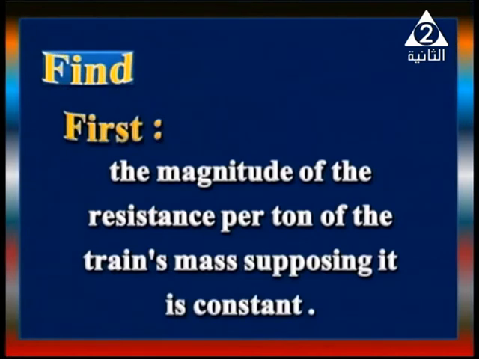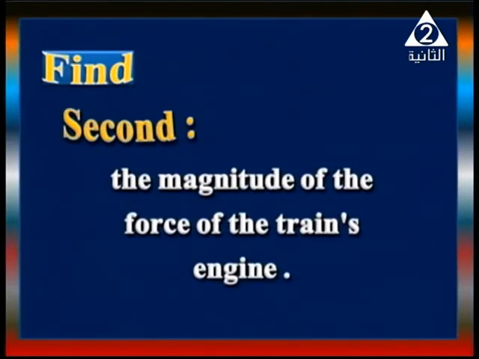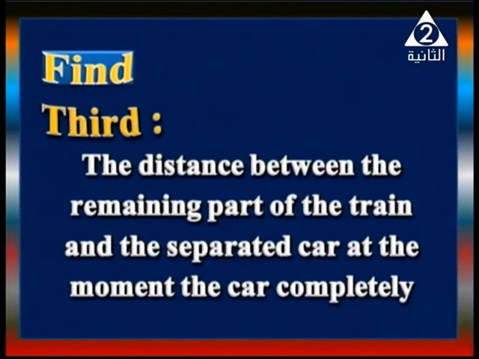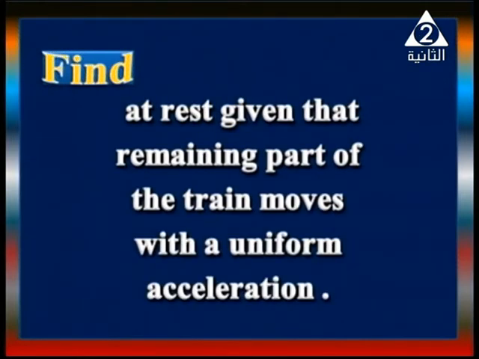Find first, the magnitude of the resistance per ton of the train mass, supposing it is constant. Second, the magnitude of the force of the train's engine. Third, the distance between the remaining part of the train and the separated car at the moment the car is completely at rest, given that the remaining part of the train moves with uniform acceleration.